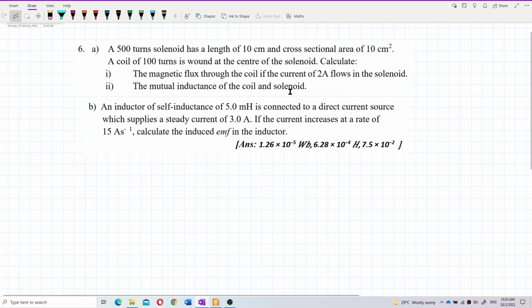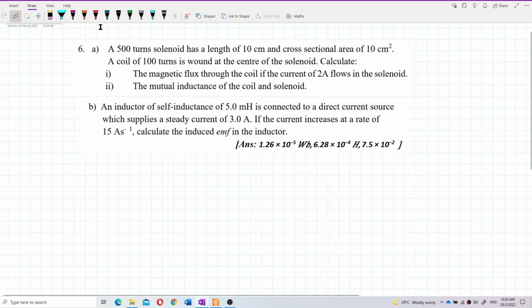Good. So first identify, is this a case about self-induction or mutual induction? To know whether it's self-induction or mutual induction, you must see whether it has only one coil or two coils. If one coil, it's self-induction. If there are two coils involved, then it is mutual induction.